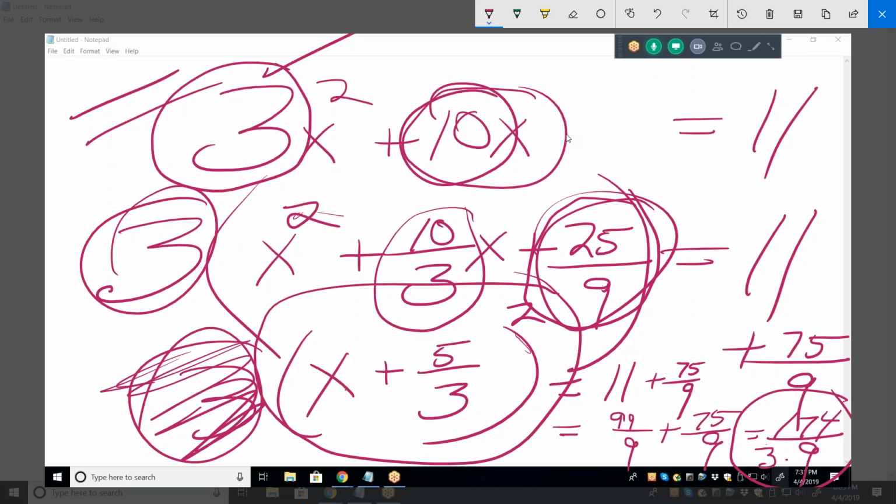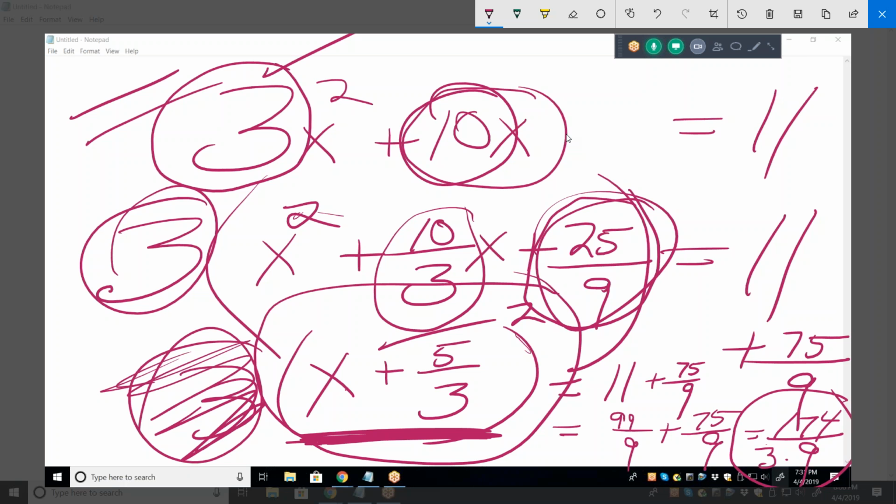The thing to remember is that when you complete the square, the whole reason you do it is so that you can write that thing as a linear term squared. Notice x plus 5/3 is a linear term. Linear meaning the x is only to the 1 power. So it's x plus some number squared.